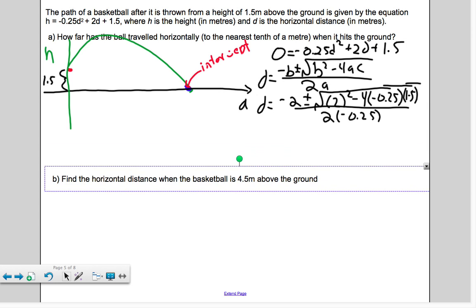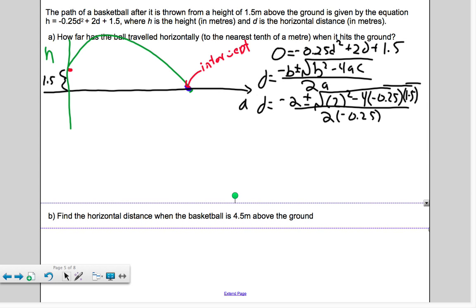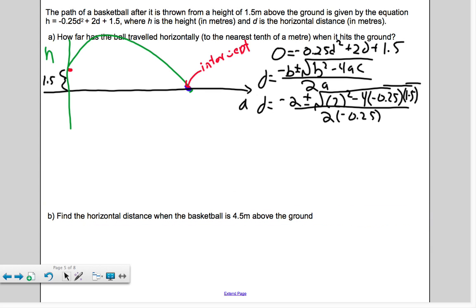Who's got an answer? So sorry, d is equal to what? Negative 2 plus or minus 4. Okay, who just worked that whole thing out for me? I don't know what to do though. You don't know what to do? Do you want me to do the steps?